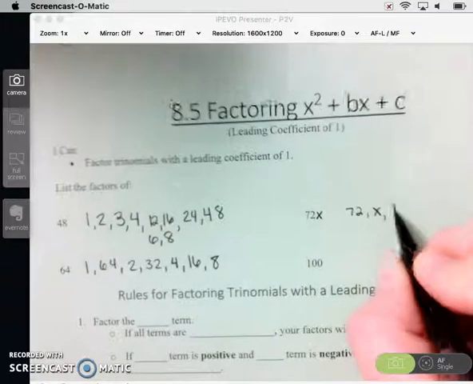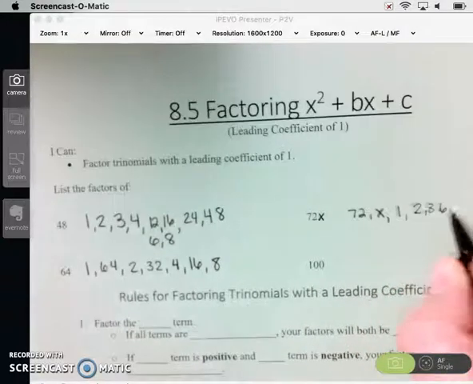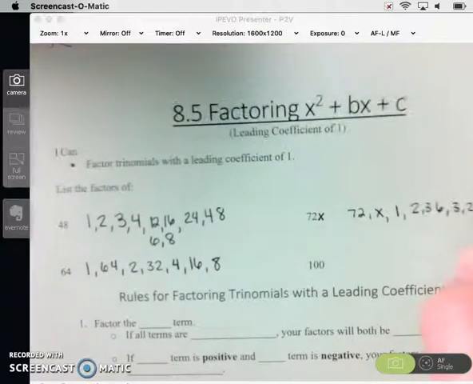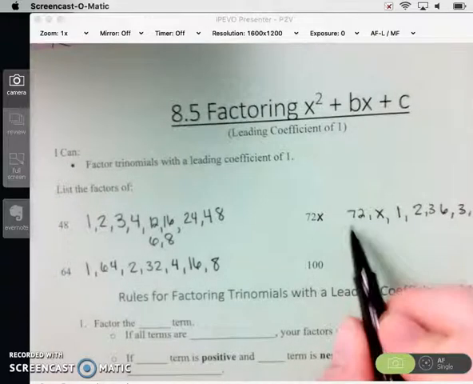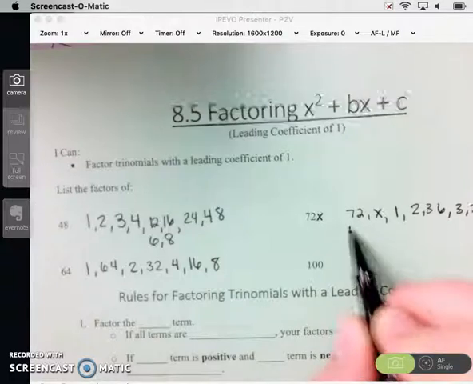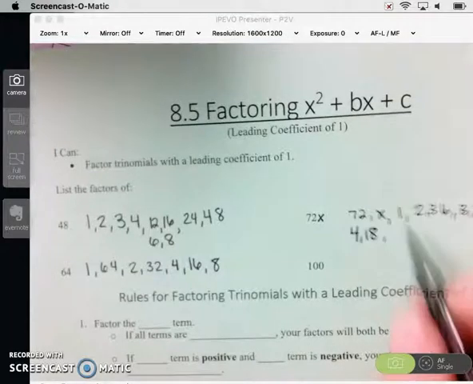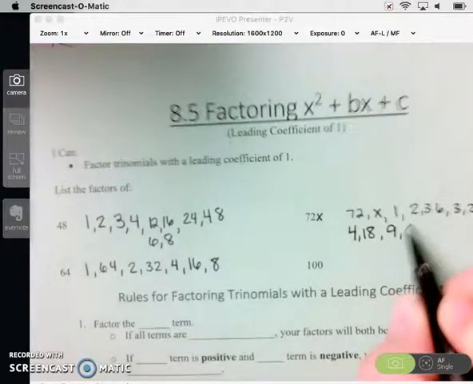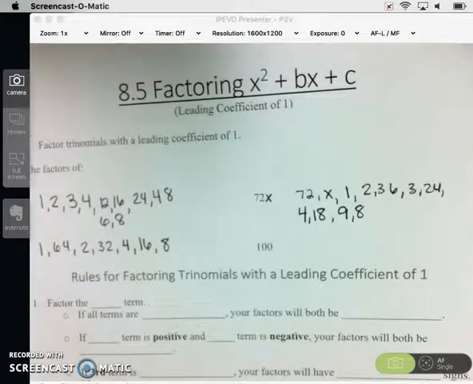So then we have also 1, and then 2 times 36, 3 times 24, 4, 5, then 9 and... So we understand the concept of factors, right?